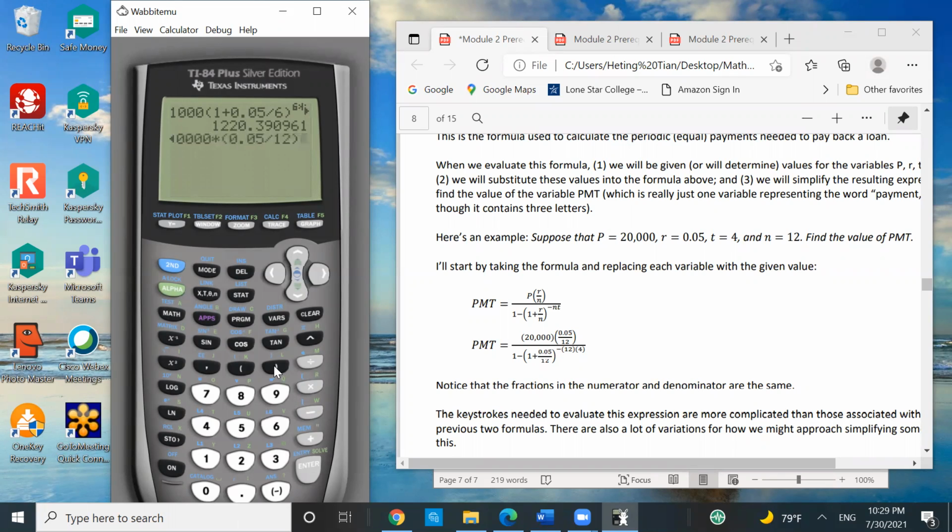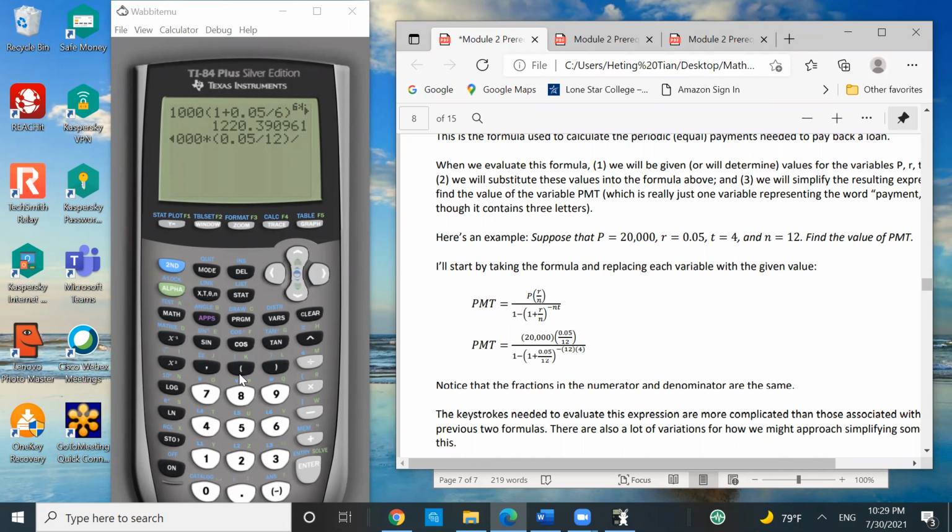Close the parentheses and then divided by. Even though the bottom doesn't have parentheses, you see here is the operation. It's not a single number, so we need to have parentheses.